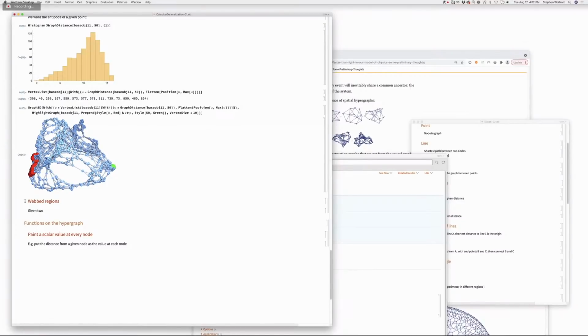What do you call it when you drop a perpendicular from a point to a line? You mean the normal or what? Yeah, but that's the normal.